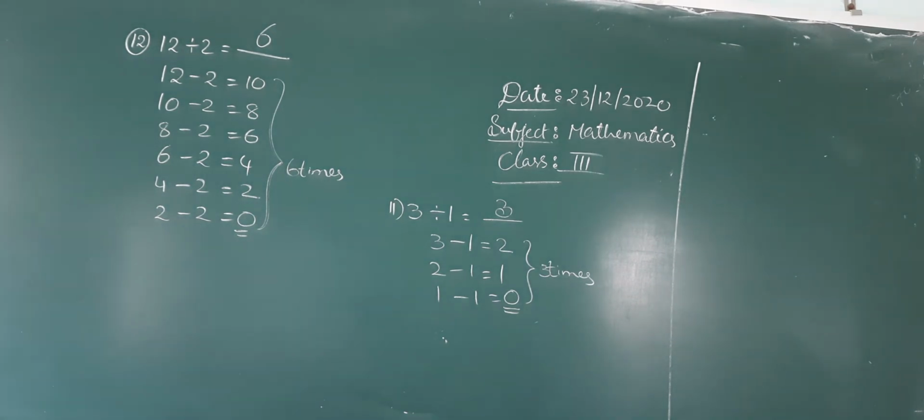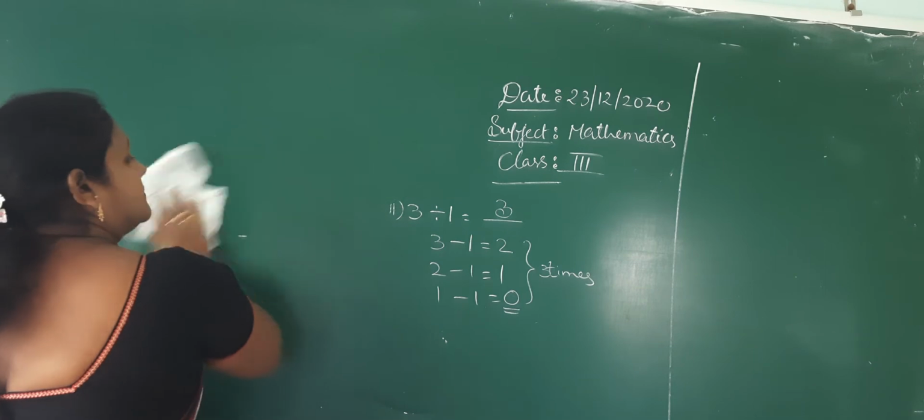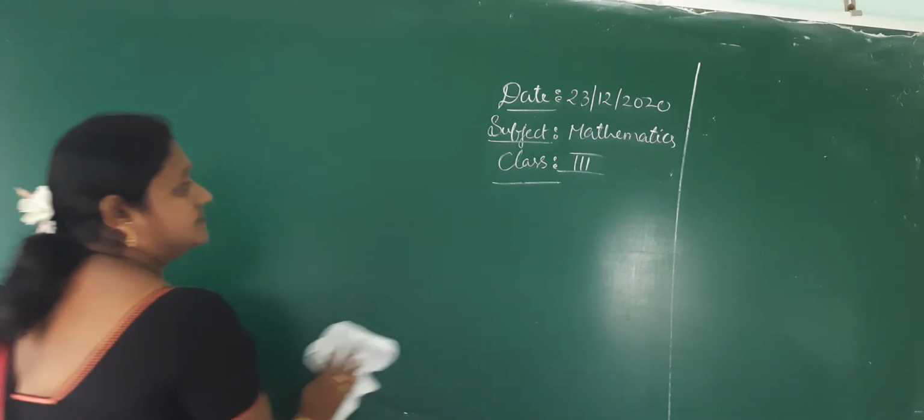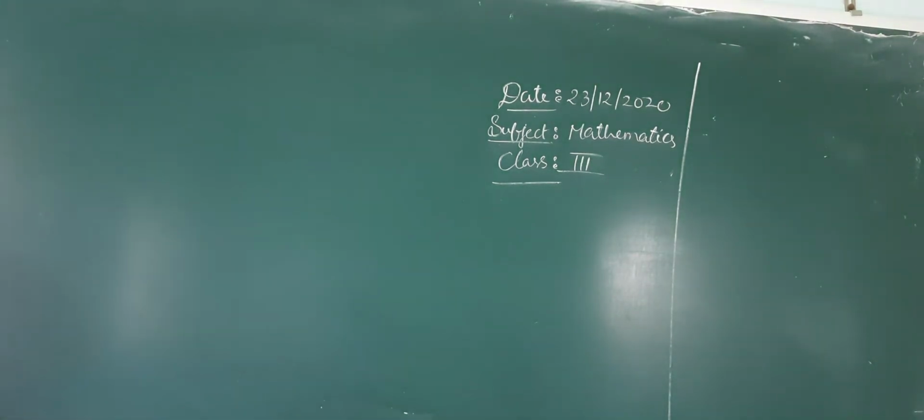See the next one, B Roman. How many? See the B Roman, children.